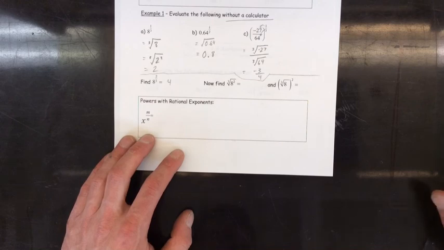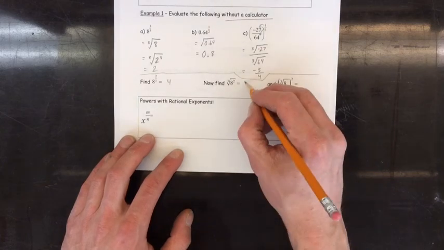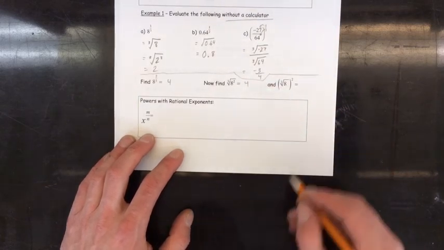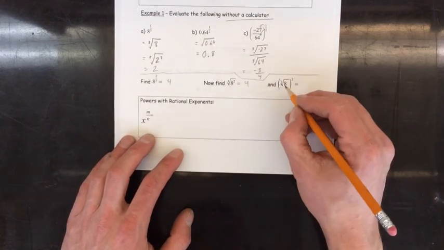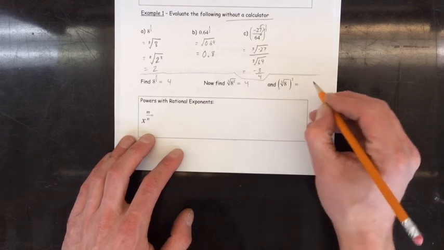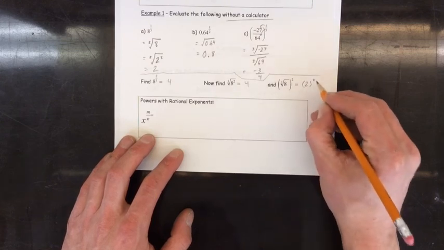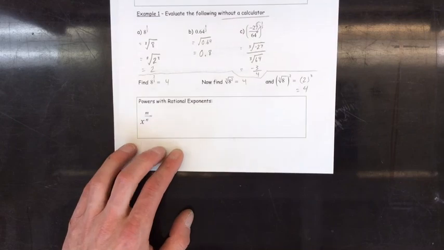So 8 squared is 64, and I want the third root of that. What do you know? I get 4. And if I find the third root of 8, which is 2, squared, again, I get 4.